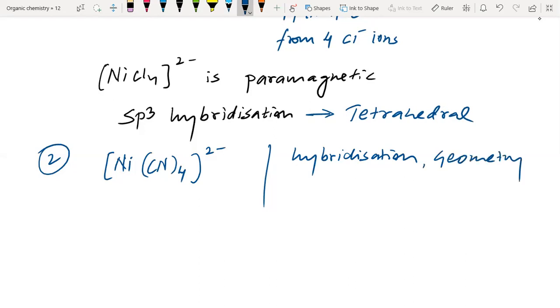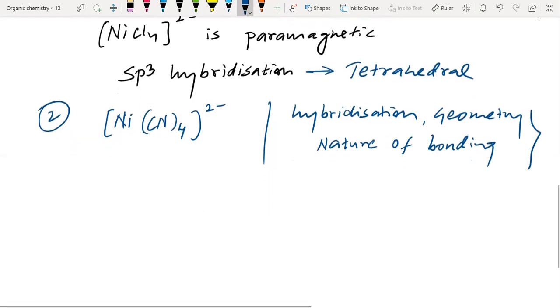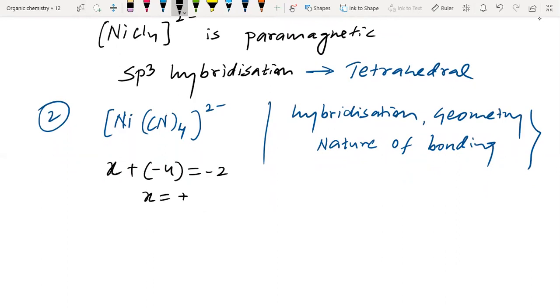And here we also want to find out the nature of bonding. To get the answer for all these, let's start with the valence bond theory concept. So the oxidation number of nickel is X, and here (-4) equals -2. We are getting +2.